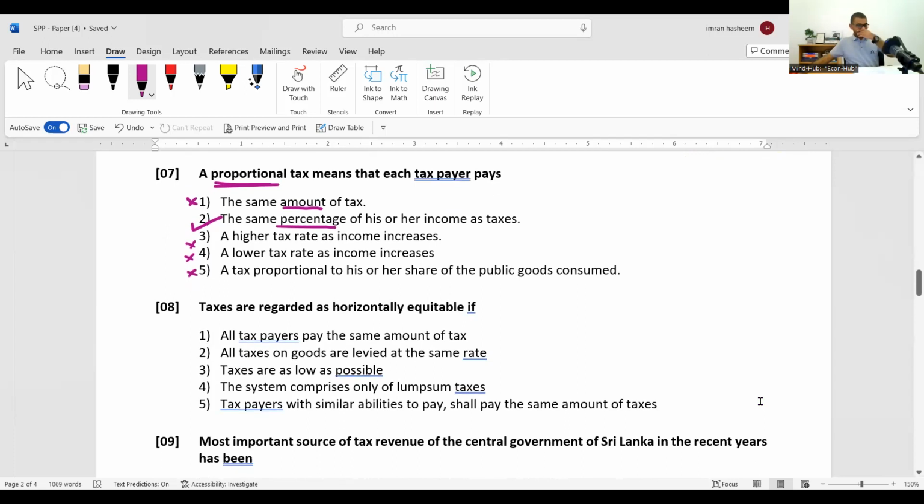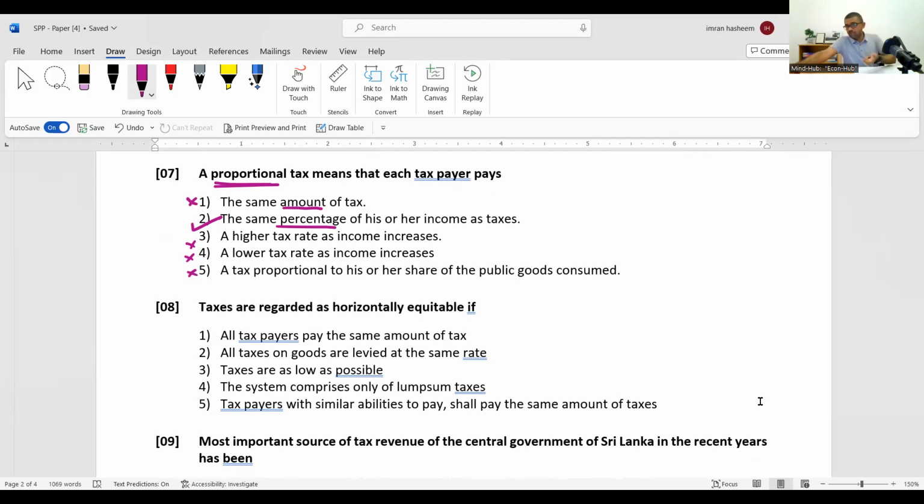Taxes are regarded as horizontally equitable. People at the same income level, people having the same ability to pay. Remember the equity principle of taxation. In the second paper, I have a question for you on that. The simple principle is to charge taxes based on each person's ability to pay.